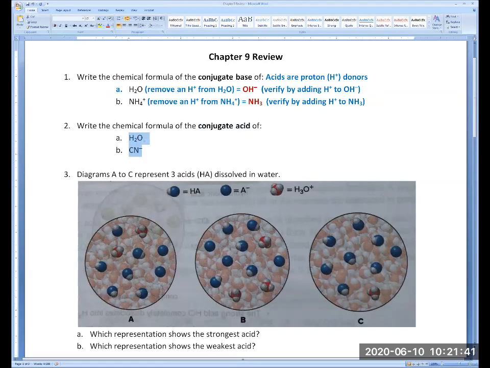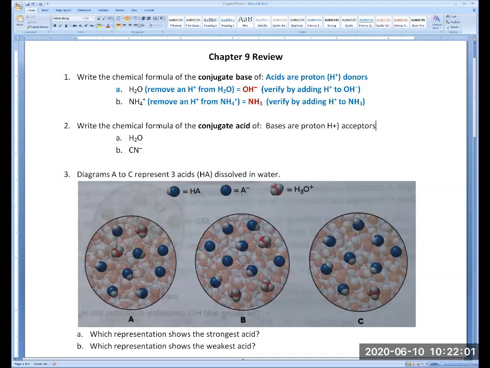They are your bases, and you want to find what they become. Let me remind you that a base is a proton, so H plus again, acceptor.